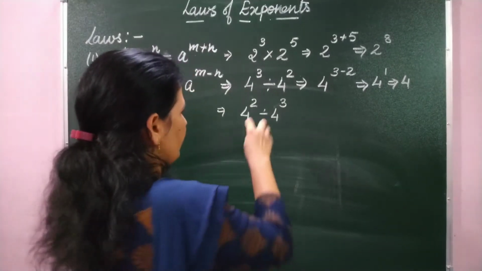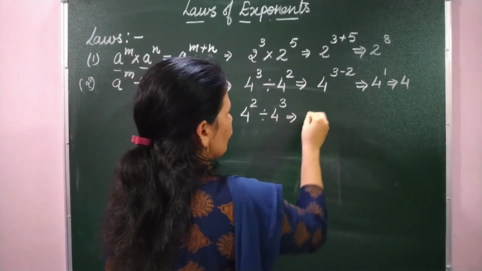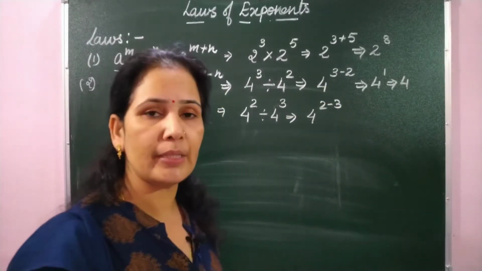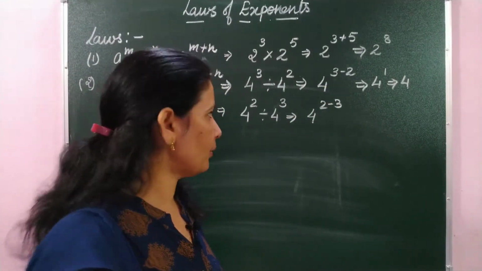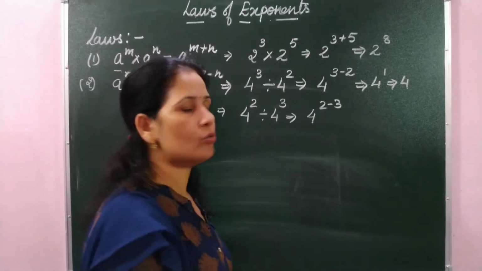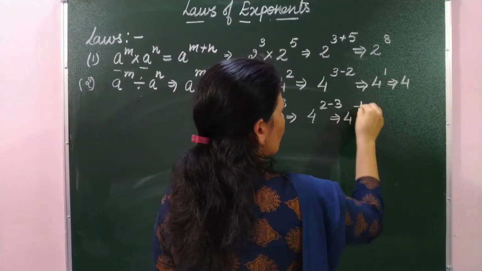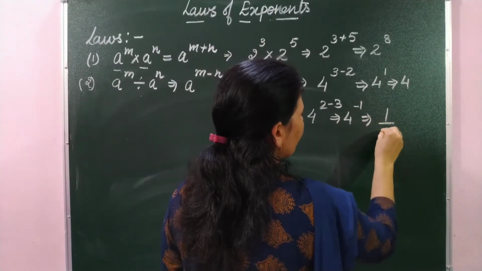Then if we write this one, then it should be 4 power 2 minus 3 and power will be negative. So how to solve this one? We can write here 4 power minus 1, otherwise 1 by 4.